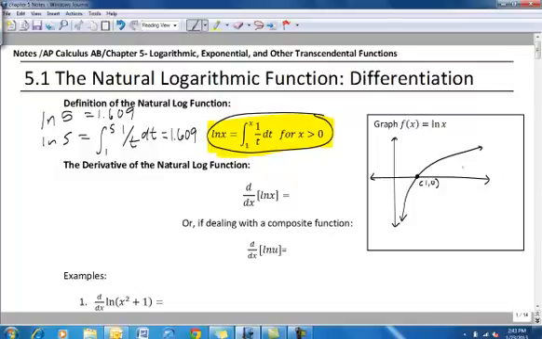Okay, so if you think about the derivative of ln of x, let's again go back to this definition, and this should help us. So if we do d/dx of ln of x, that would equal d/dx, the integral from 1 to x of 1 over t dt.